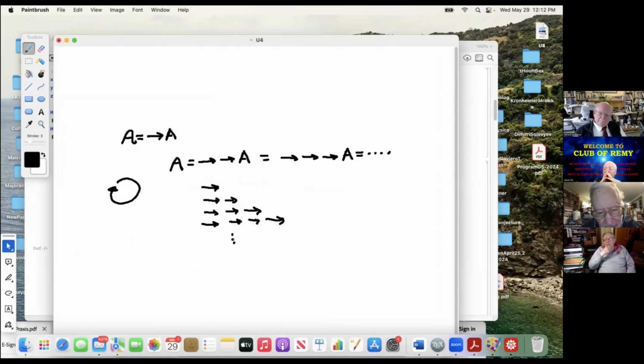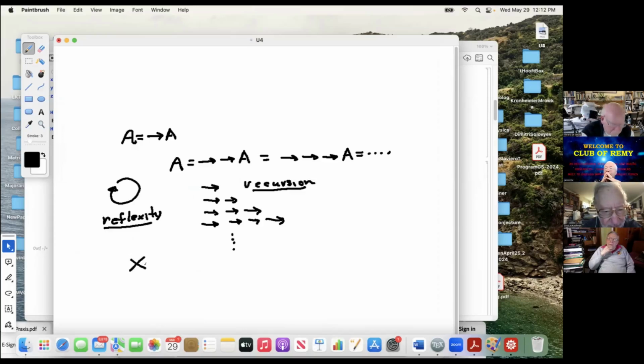And I end up with a recursion. So a reflexivity and a recursion are right on top of one another, from my point of view.